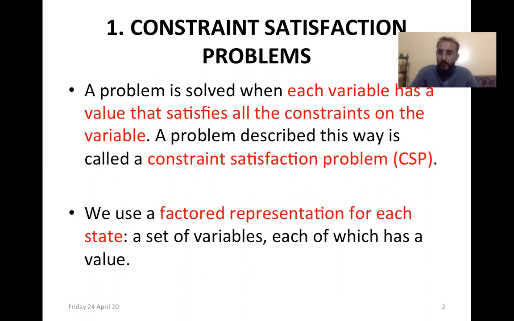To solve this constraint satisfaction problem, we have to use some factored representation. Factored means we have to divide the problem into different forms, and those forms are called factors. The first factor is the set of variables that you have to identify. The second factor is the set of domain, which will contain the values that you have to assign to the variables.